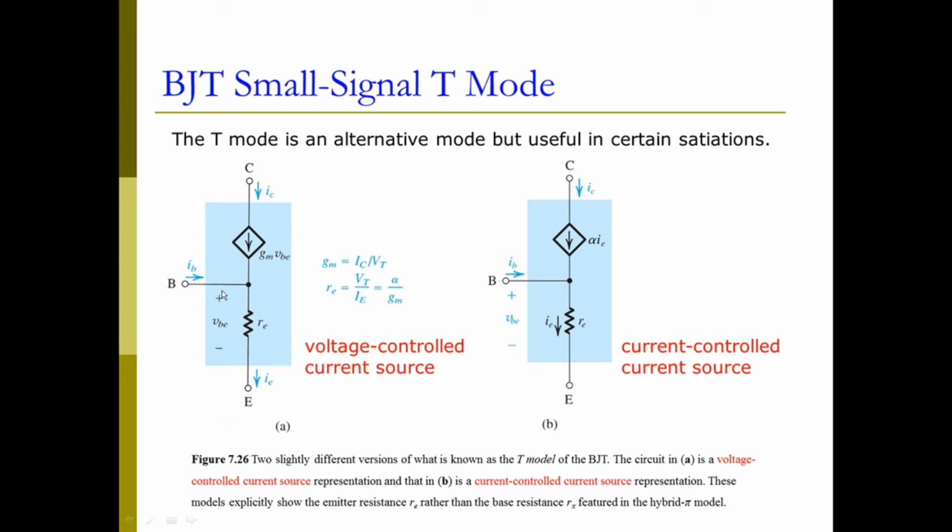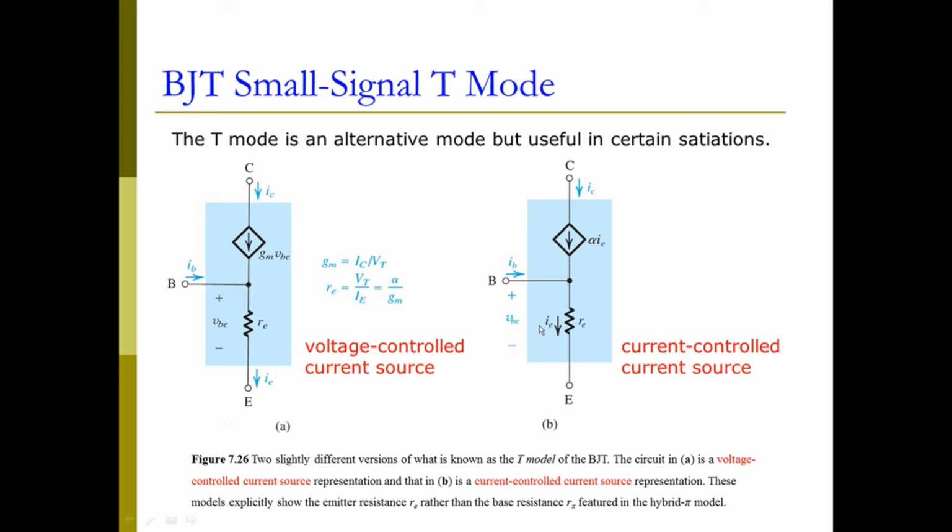One is also the voltage controlled current source. Now this is our VBE, but now the VBE is applied to this RE here. We just derived the RE value. And it will control the current at the collector side, which can be calculated by GM times VBE.